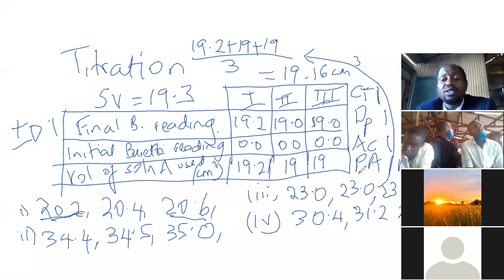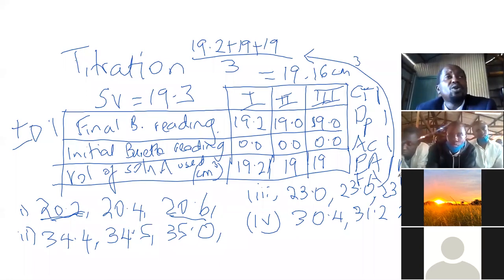And the last mark is called final accuracy. 1 mark. For a candidate to score on final accuracy, again, we look at the teacher's value and compare with the candidate's calculated average.